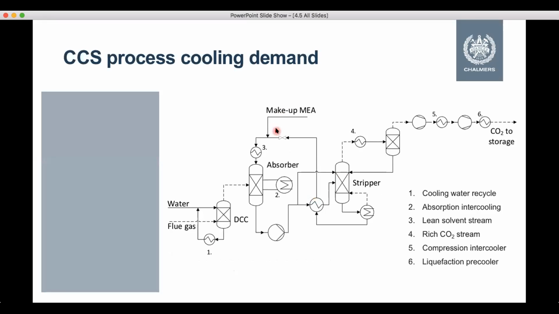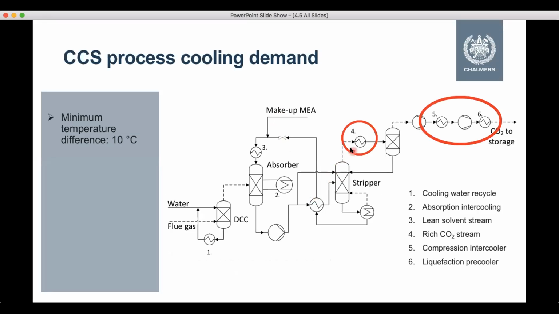We see this sheet again, and we identified, given a minimum temperature difference of 10 degrees Celsius for heat exchange, these process units here as most promising in terms of heat quality, that is temperature, and heat quantity. So here we see the stripper overhead condenser, and here we see the intercoolers in the compression stages.